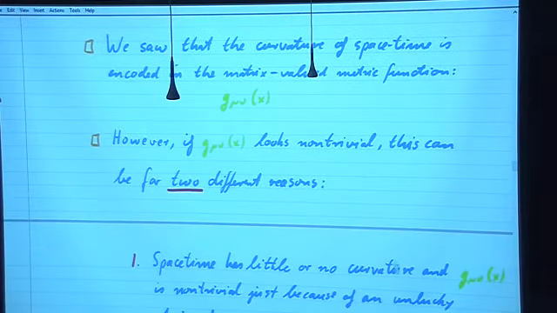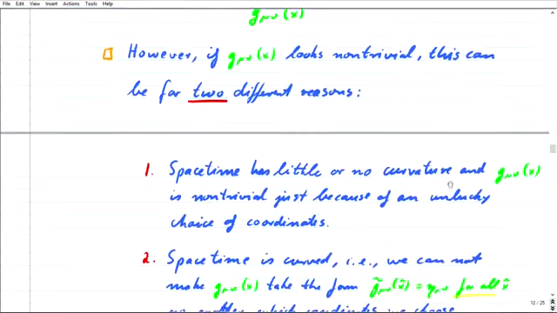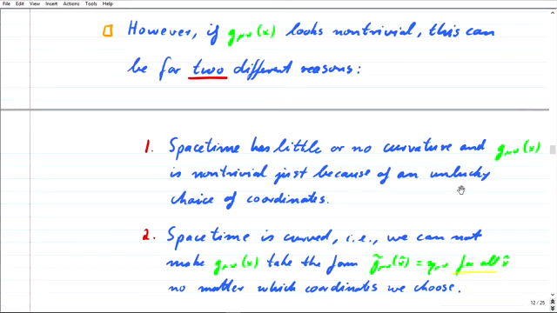And if we do that, it's non-trivial because, as I mentioned already, G mu nu of x contains two kinds of information. If G mu nu of x looks complicated, it can look complicated for two very different reasons.